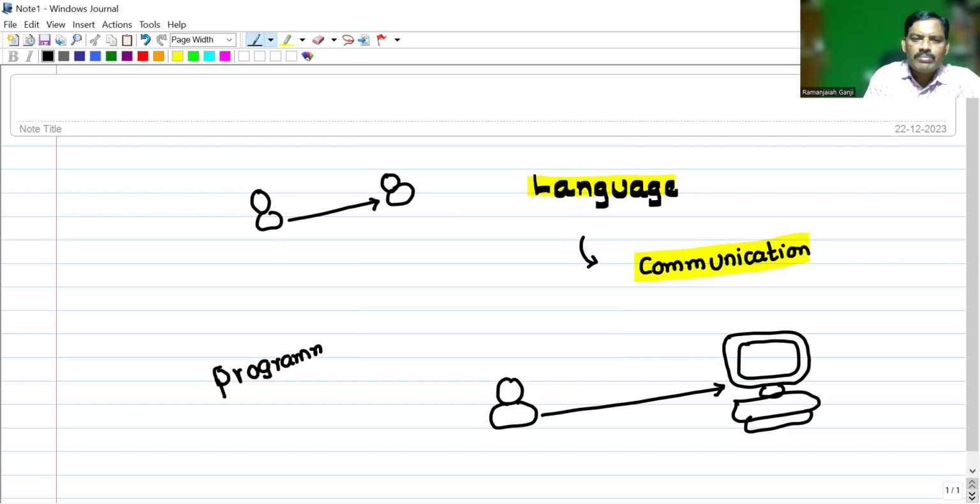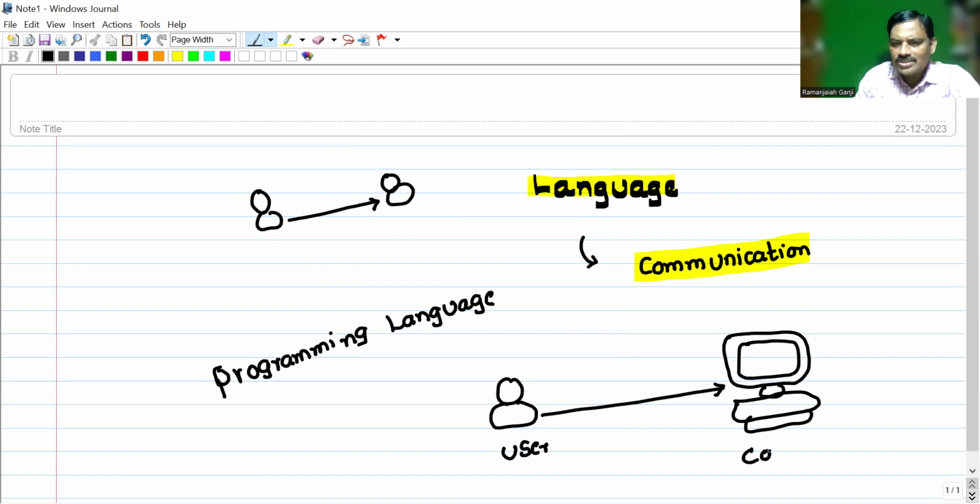A programming language provides communication between the user, what you call a programmer, and the machine, what you call a computer.